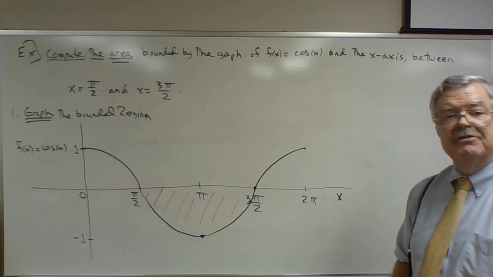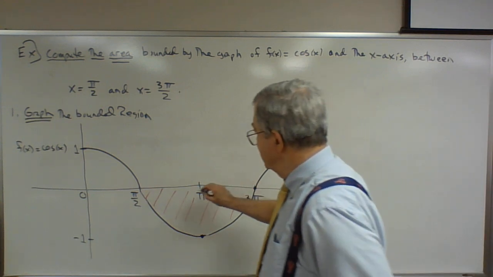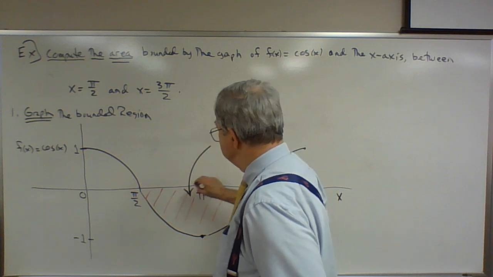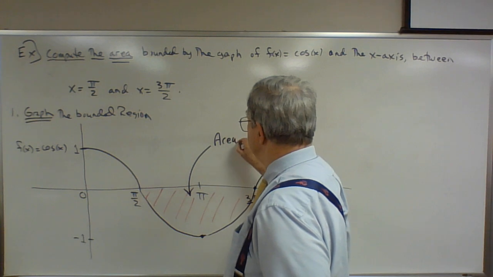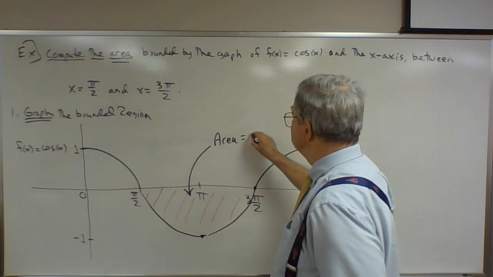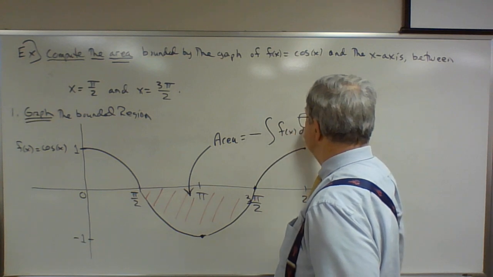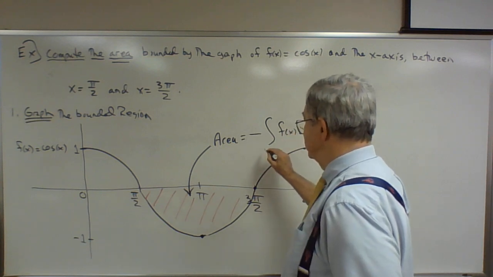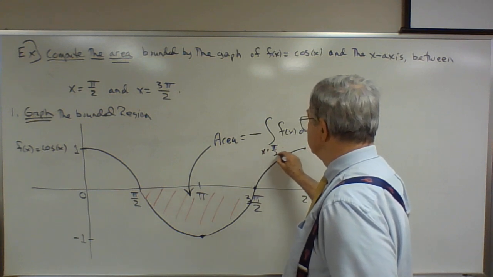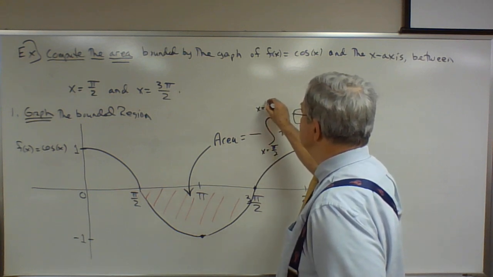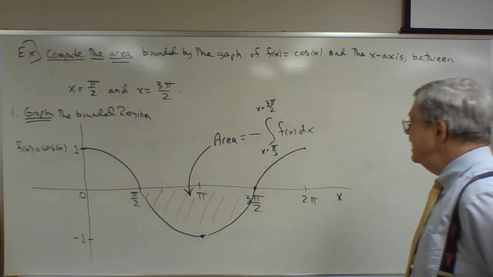And property 7 told us what? If f of x is less than or equal to 0, then the area is equal to negative the integral of f of x from a to b. That's x equals pi over 2, x equals 3 pi over 2.